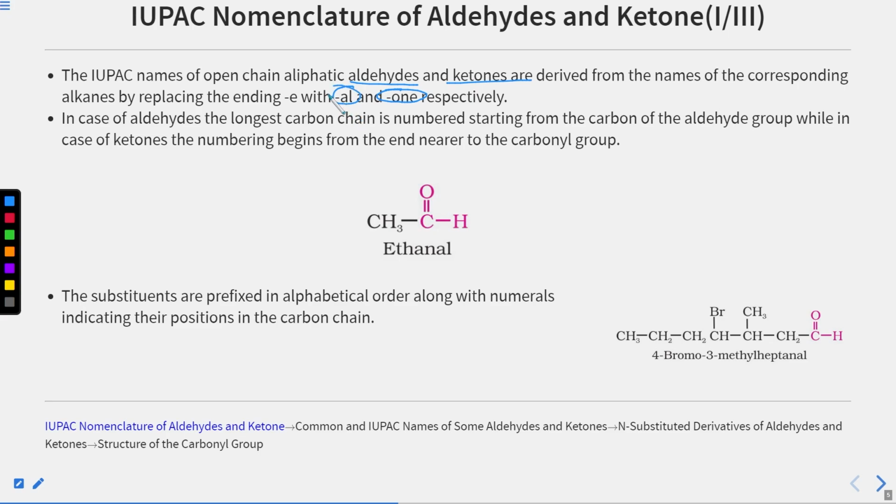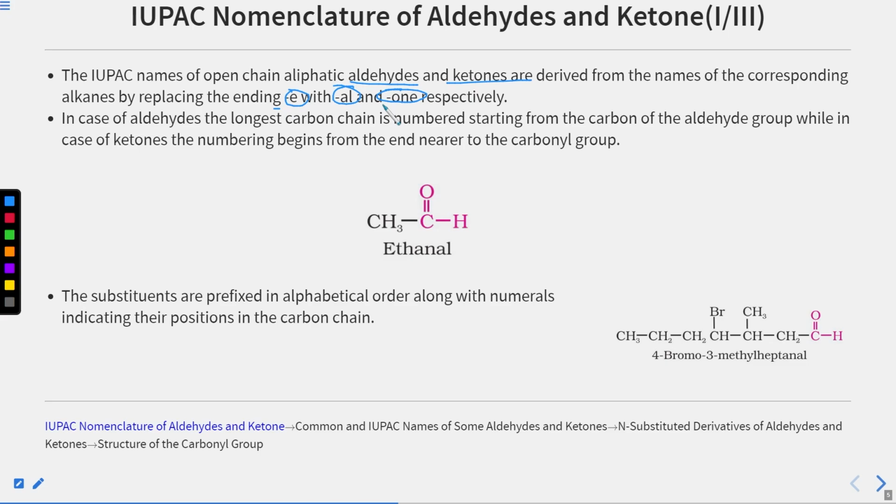If you see the name of any simple alkane like ethane, methane, propane, all of those end with E. So we will replace this E with AL or ONE depending upon the nature of the functional group. If it is an aldehyde, we will replace it with AL, and if it is a ketone, we will replace it with ONE, and the remaining name should be the same.